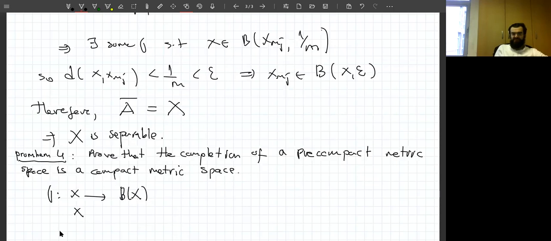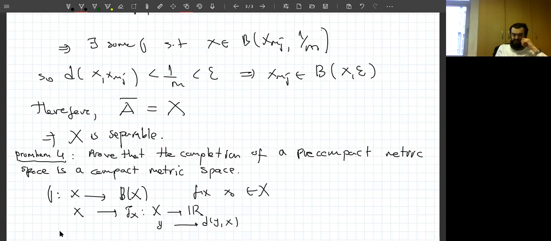Fix x0 in X, some fixed point, sending x to Jx. It's a real valued function, d(y, x) minus d(y, x0).